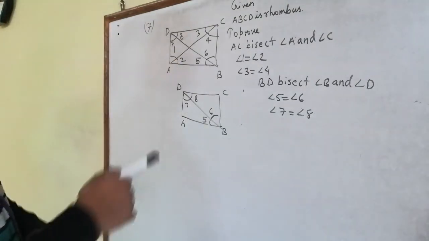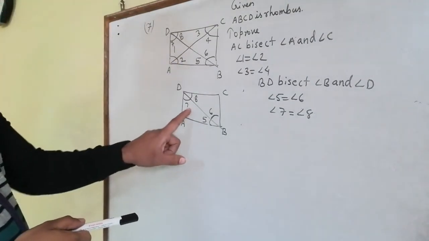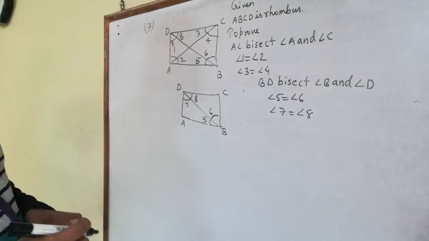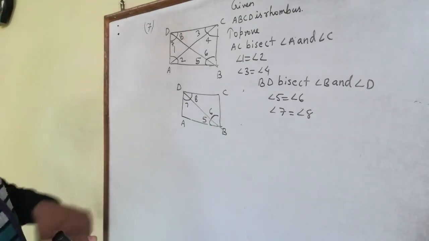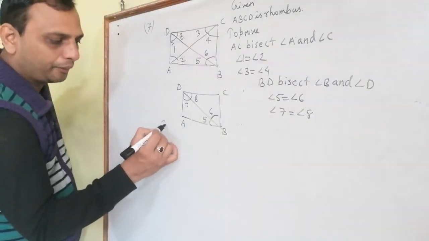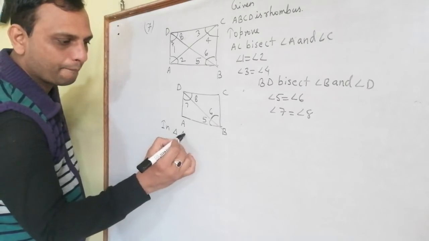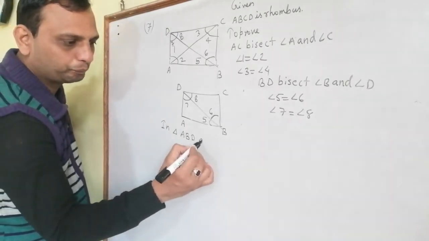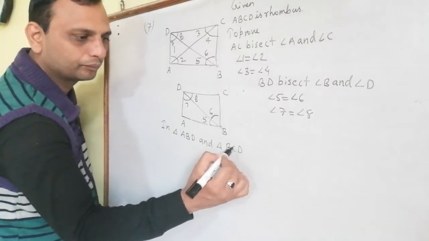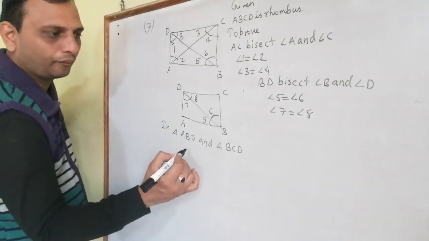Now here I have not drawn the AC diagonal. You can see there are two triangles. It's very clearly seen, ABD and BCD. Now these two triangles we have to make congruent. I have already written their names on the board. So ABD and BCD.